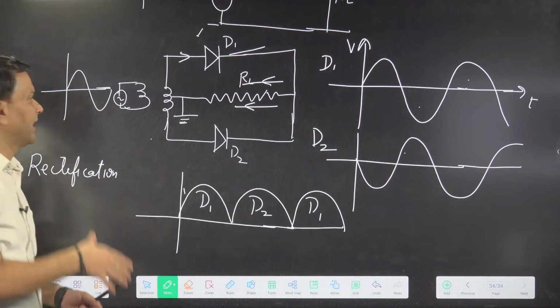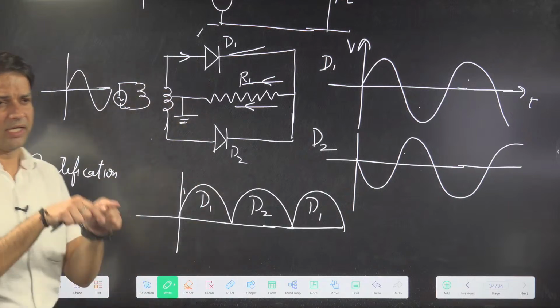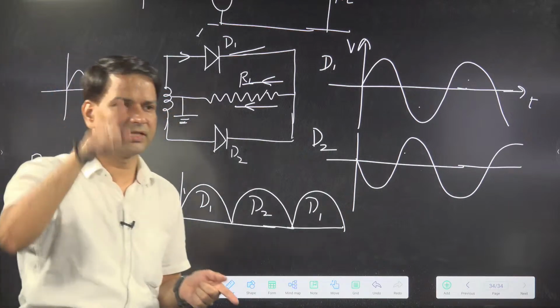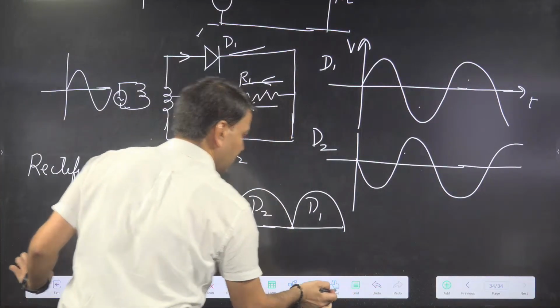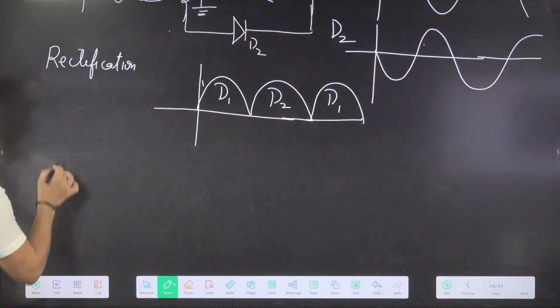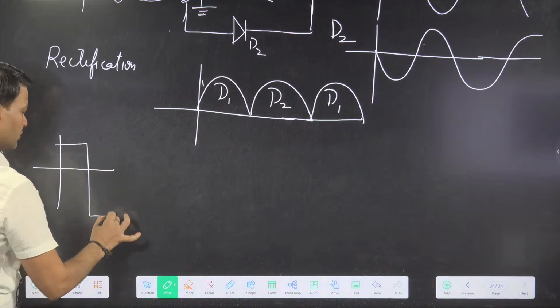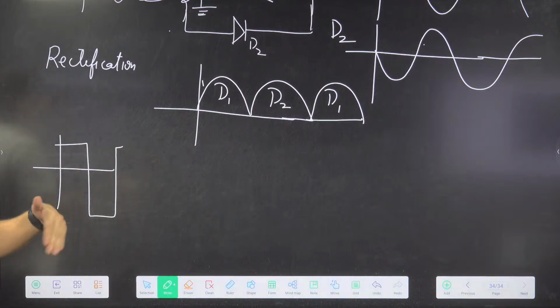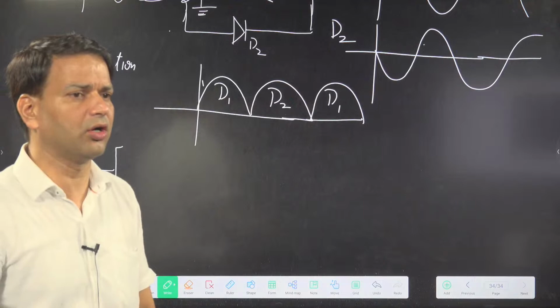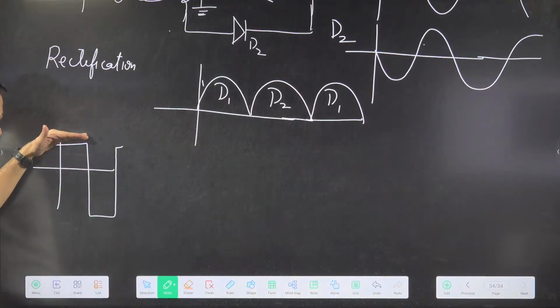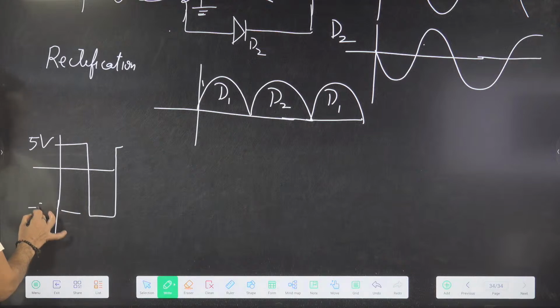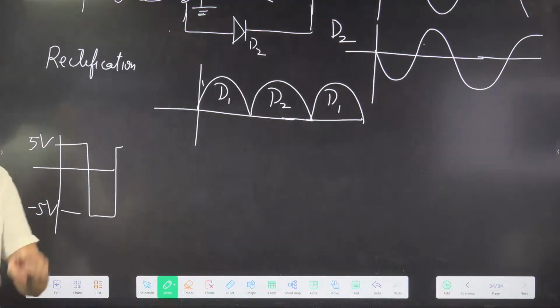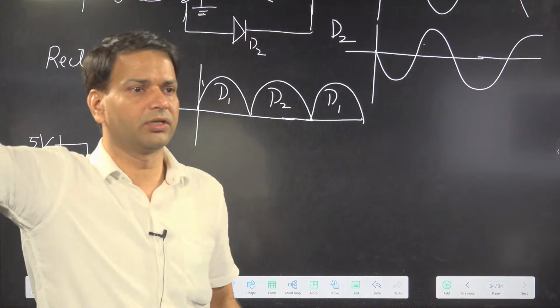In place of this, suppose they have given some other input, not sinusoidal but a constant voltage like this type of waveform. This type of question has already been asked in NEET. This is also alternating, but here it is not sinusoidal, it is constant. For the positive cycle, they have given 5 volt, and for the negative they have given -5 volt. So if it is a full wave rectification, directly you will get the 5 volt constant.